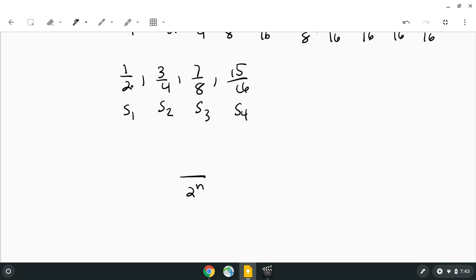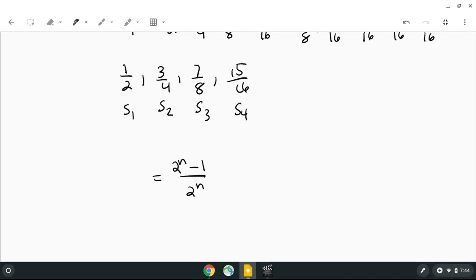You get 1 and 2, 3 and 4, 7 and 8, 15 and 16. So hopefully you're seeing that the numerator is 1 less than the denominator, right? So here's your denominator, but it's 1 less. We've seen this before.